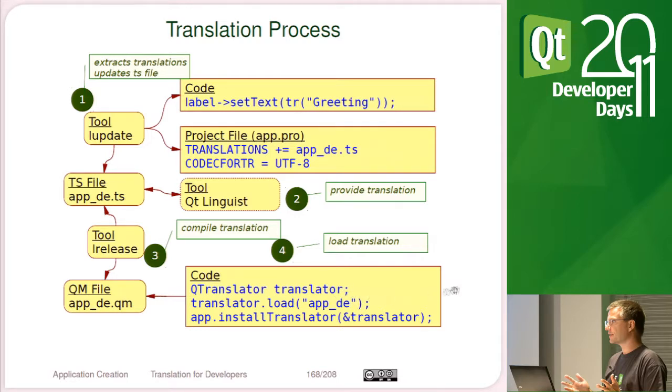So language change at runtime will generate an event, language change, on which you can react. So whenever a language change comes up, you can retranslate your UI files so that all the texts within your UI get updated.